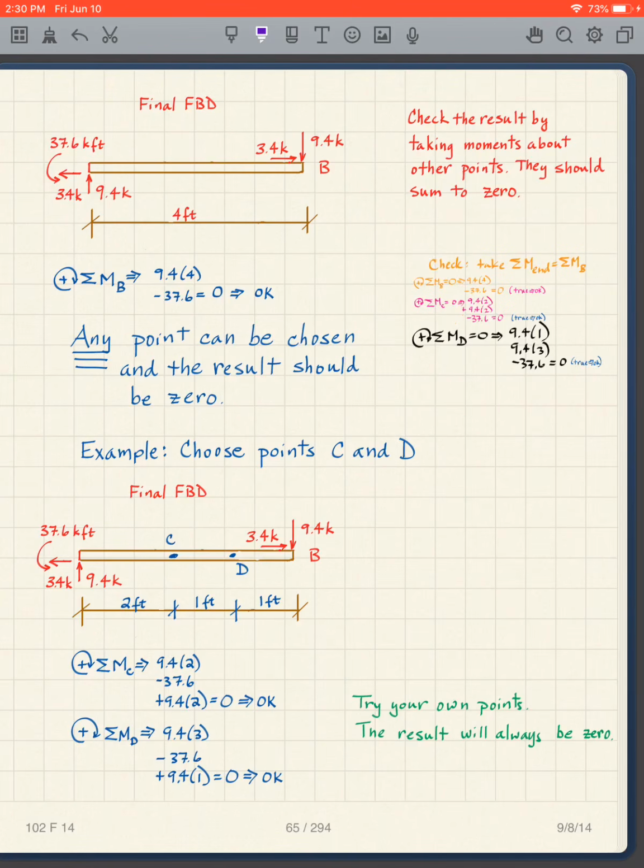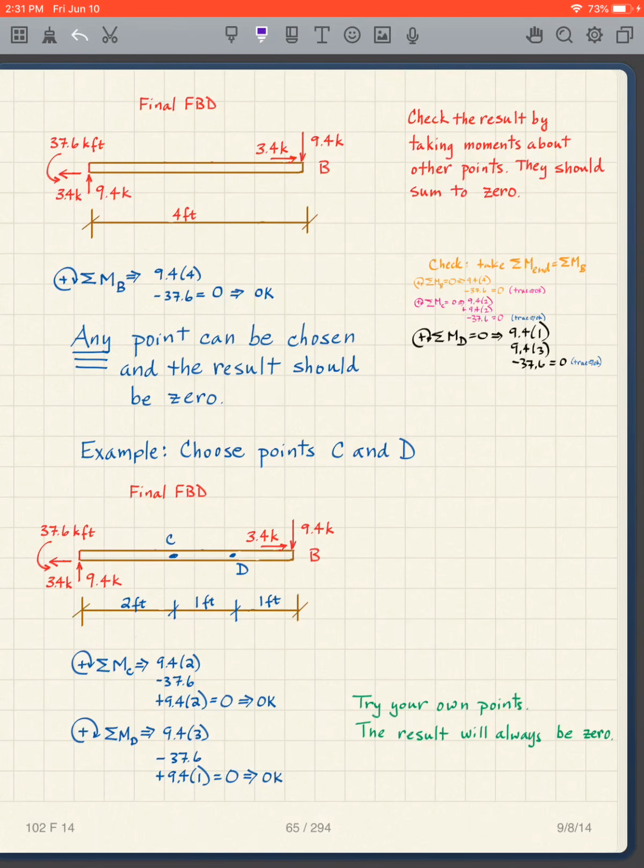I can do a check. I can take moments about B, for instance. You can now look at that, and that ends up to be 0, so it's okay. Of course, it's easy to see your vertical loads up and down are equal. The horizontal loads to the right and to the left are equal. And again, I can take moments at any point here and I should get the result being 0.